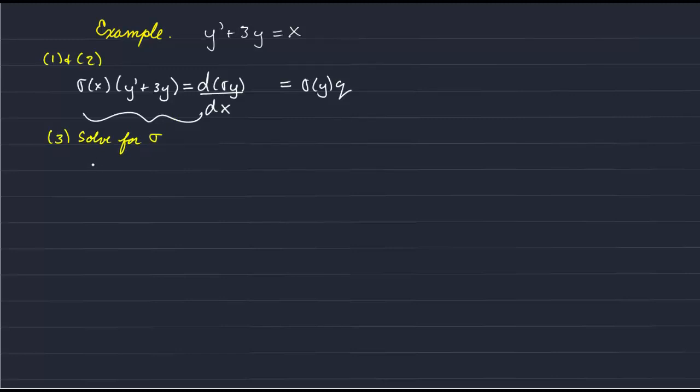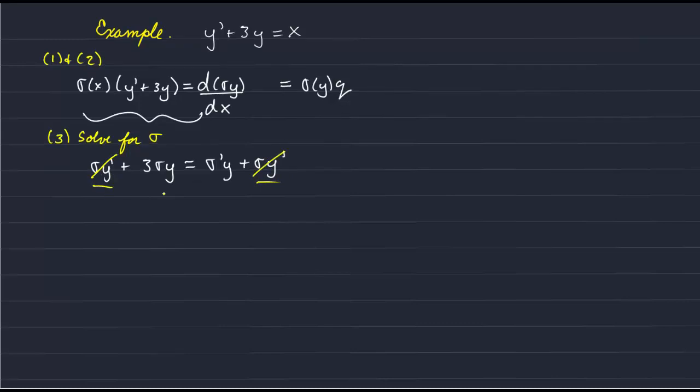And so we have sigma times y prime, that's this part, plus 3 sigma times y, and that's equal to the derivative of sigma times y plus sigma times the derivative of y with respect to x. And again, we see that two terms will cancel.